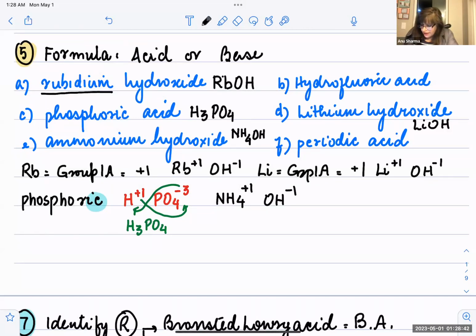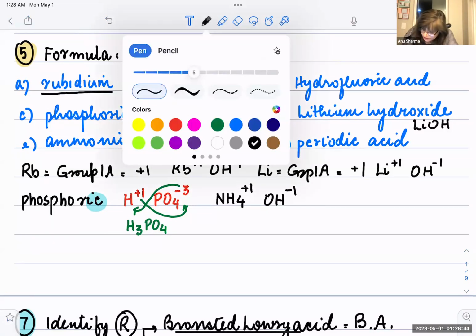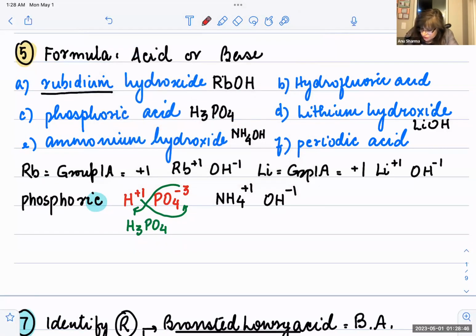You can crisscross also if you want, but we do not write a subscript of one. That is why it just cancels out.